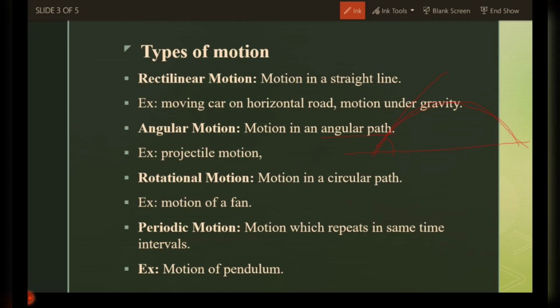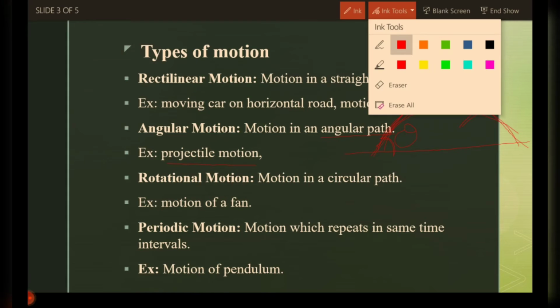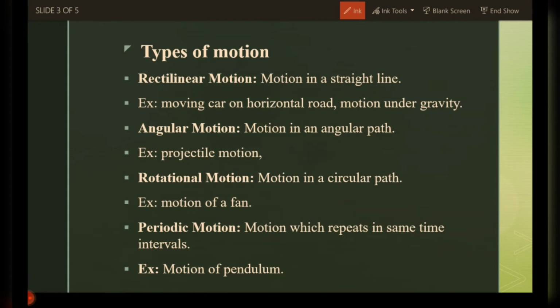It is the path covered by the object and the angle made by it. This is the projectile motion. This is the second type, which is angular motion.